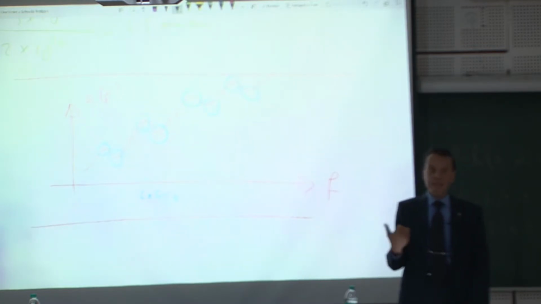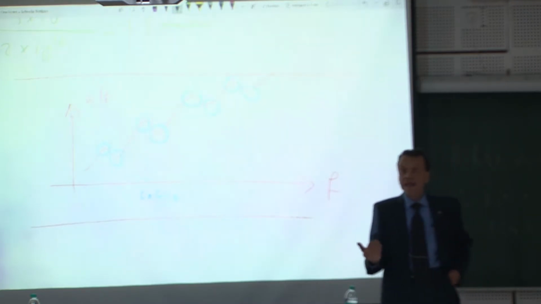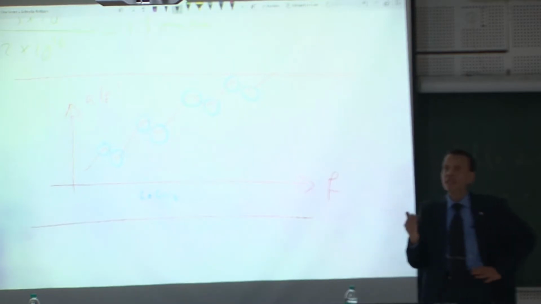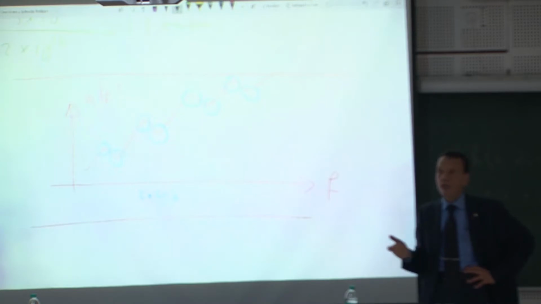Of course, for penetration, for imaging purposes, you would like to work around a minimum, but this is not a must. Important is to have a flat response, whether it is minimum or maximum. And this also explains why there are specific frequencies around which we are willing to work.